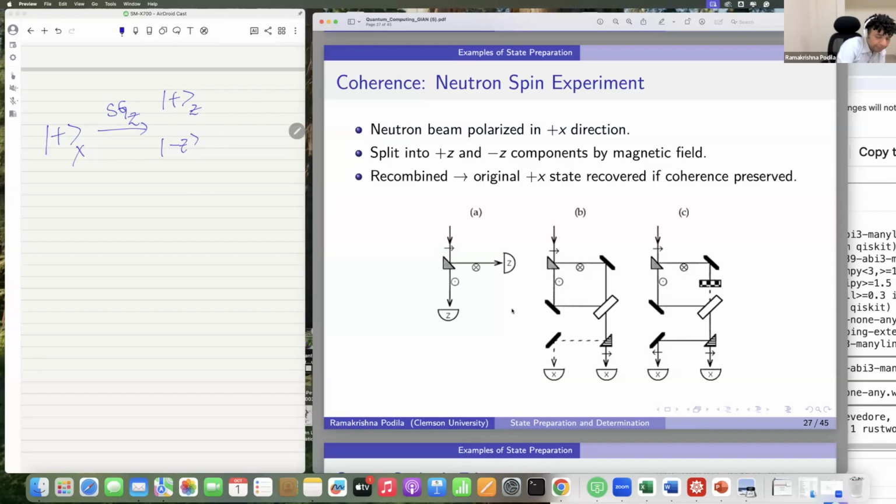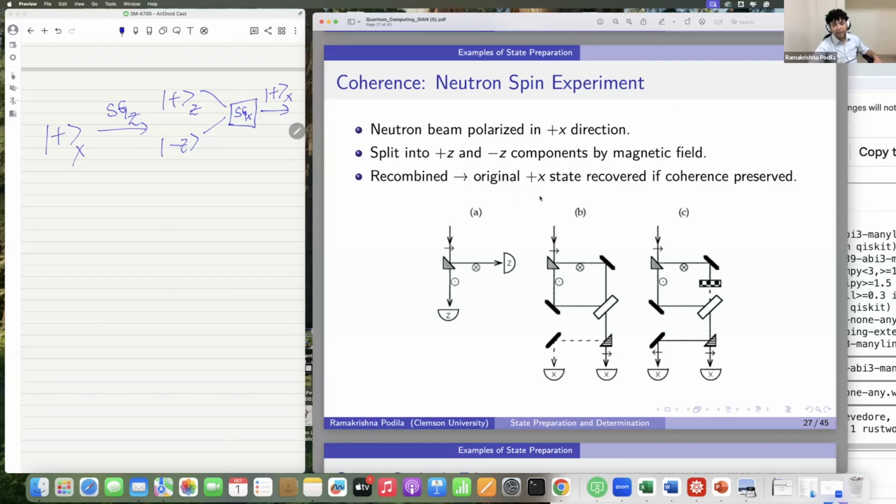And now, if I combine these and send them through a Stern-Gerlach along the x direction, and I get a single beam out along x, then we say what we have is a coherent superposition, right? So you may have a superposition, but you may not have coherence, right? Coherence means that when you recombine them, you get the state.